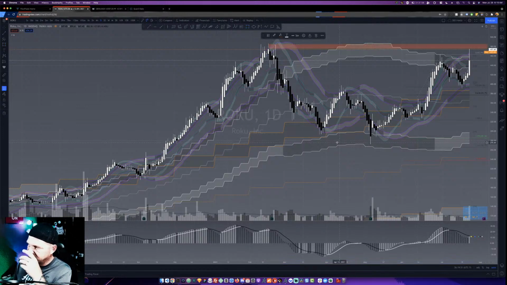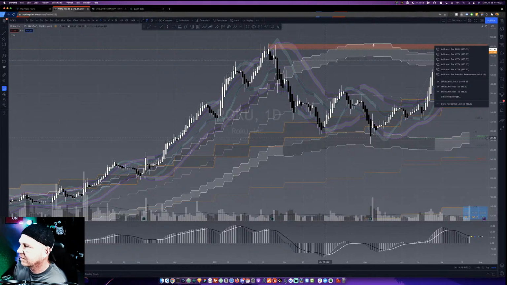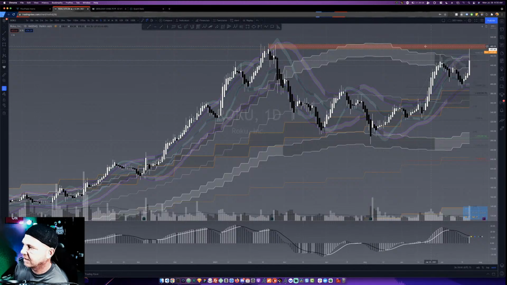Keep in mind, 473 to 486 is the supply zone. So if we can get back and above that, yeah, I'd like it if it can break 40, 45. Yeah, well, I don't know. I kind of like it at this level.